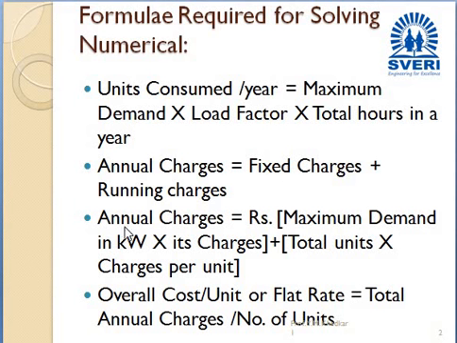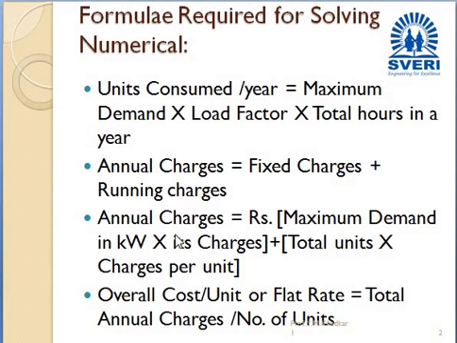The annual charges are in rupees and will be calculated by the formula: maximum demand in kilowatt multiplied by its charges. These charges are known as the fixed charges. Total units consumed or produced multiplied by charges per unit will provide you the running charges or the running cost.